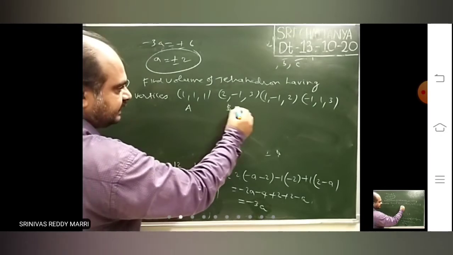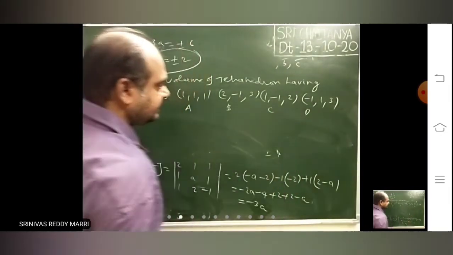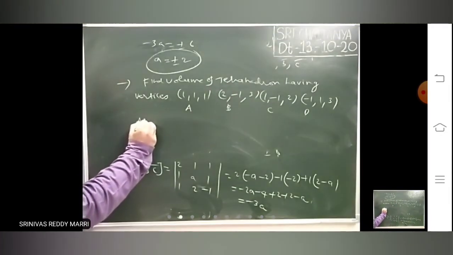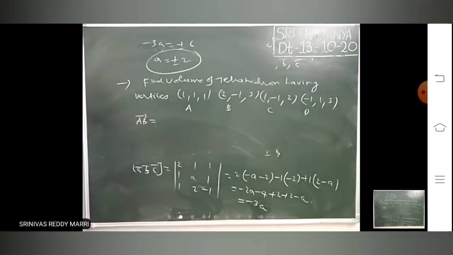Let us take these as A, B, C, D. You have to calculate coterminous edge vectors.